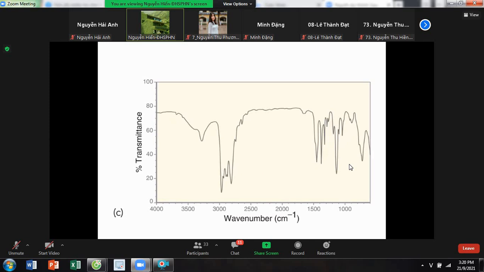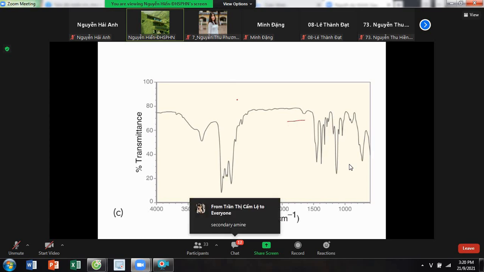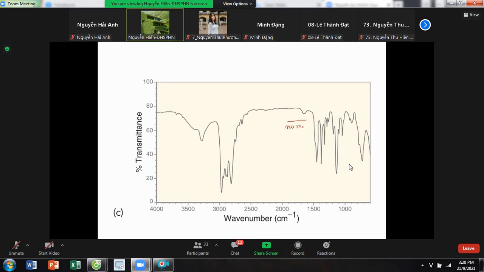Okay, this one looks complicated. Okay, no signals for, yeah, secondary amine. Someone has a request answer. So no signal for a double bond in general. No CO, no CC double bond.